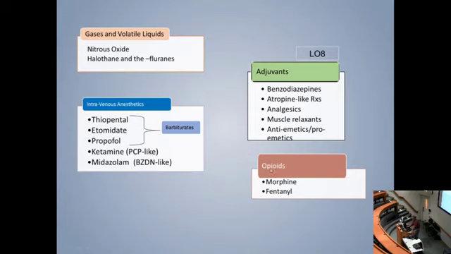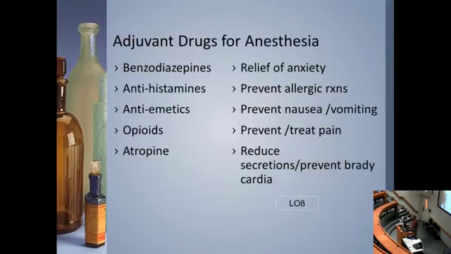Opioids, of course, we'll be talking about in a few minutes. Morphine and fentanyl. Fentanyl typically given as a patch, but these drugs are going to basically help with the pain in the wound itself and make sure that patients don't feel pain, or at least reduce their pain dramatically after the surgery.